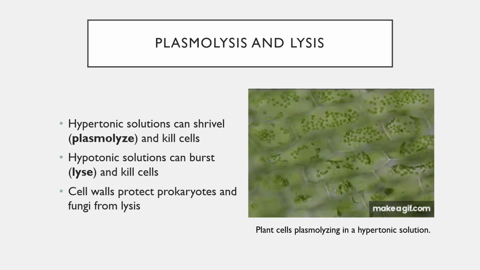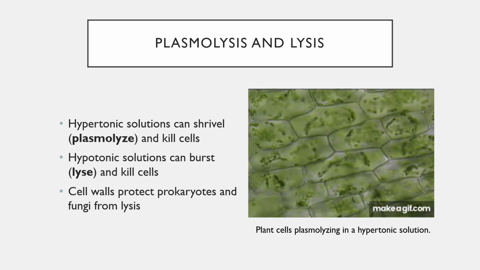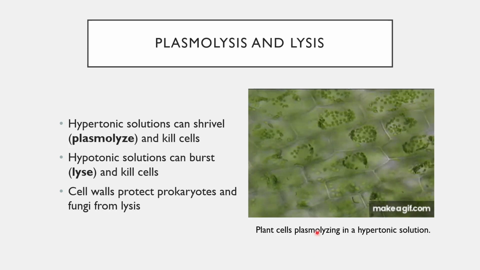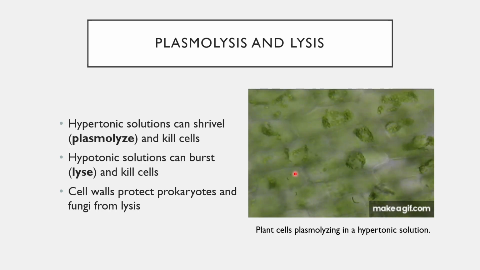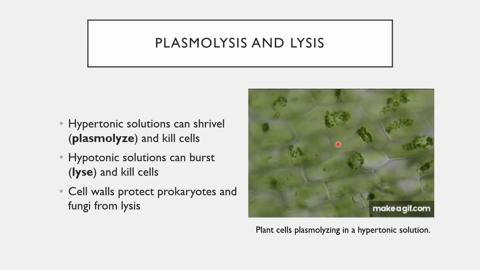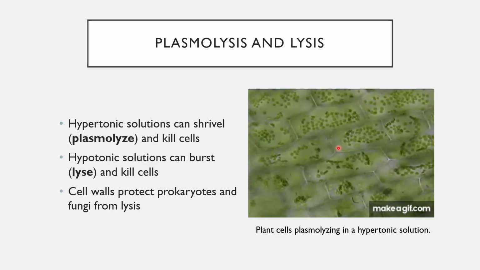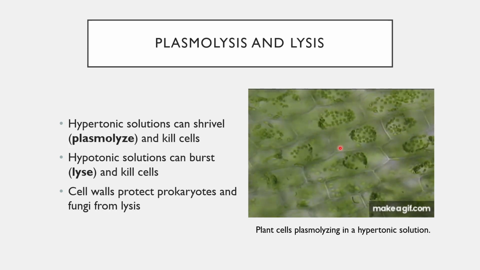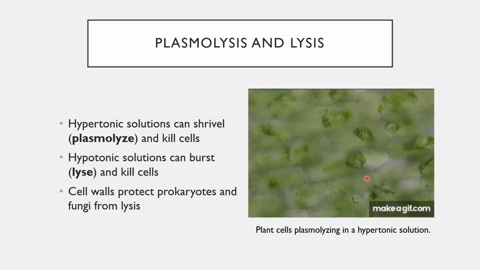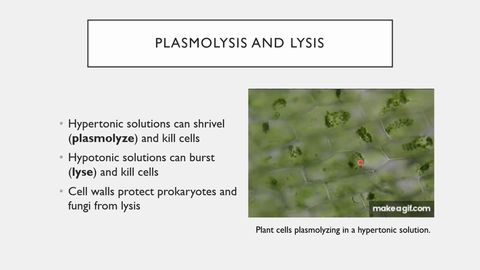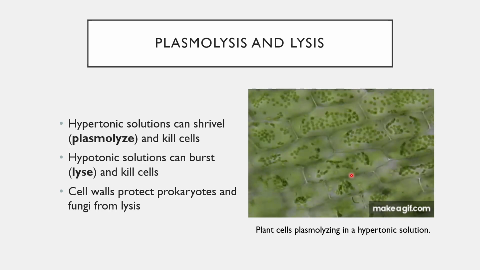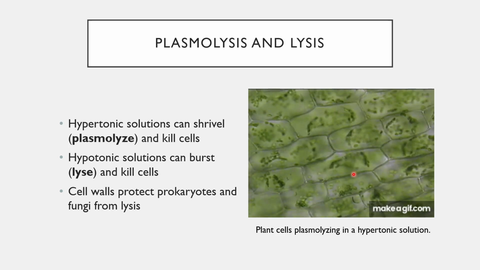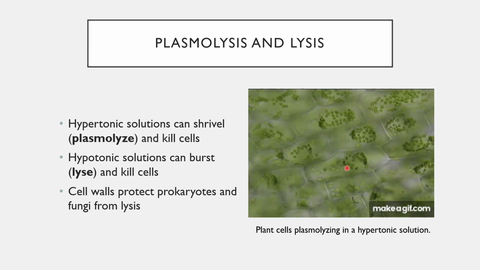In this animation right here, we can see the plasmolysis of a plant cell inside of the cell wall when exposed to a hypertonic solution. These divisions here represent the cell walls of the plant, and you can see how the membrane of the cell will shrivel up and shrink within the boundaries of the cell wall in response to a hypertonic solution that is drawing all the water out of the cell.